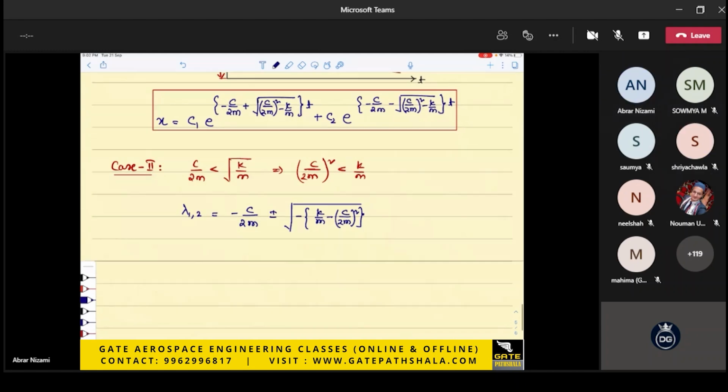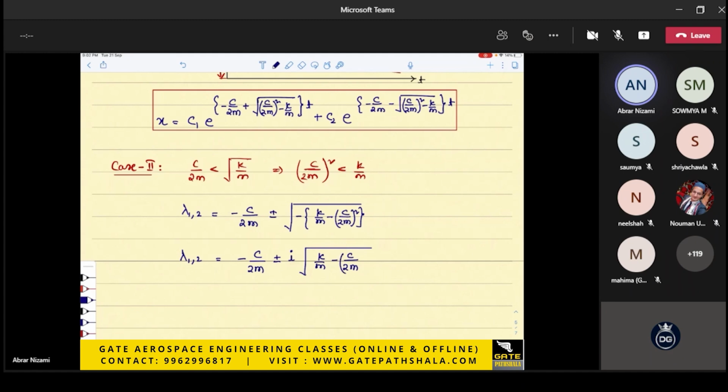So lambda 1, 2 can be written as minus c by 2m. I took only one minus common in the roots, plus or minus root of minus 1 is i, under root of k by m minus c by 2m whole square.